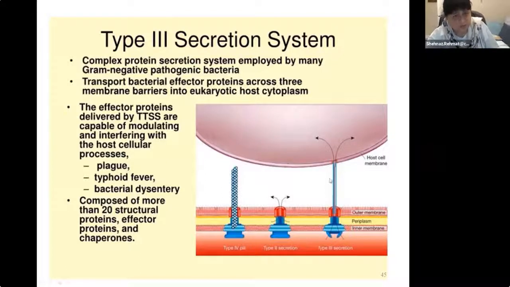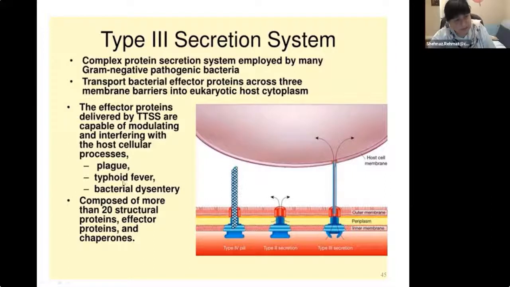So this is a very important system that has been looked at in the case of delivery of some toxins or proteins in plague, which is caused by Yersinia pestis. You're familiar with that.